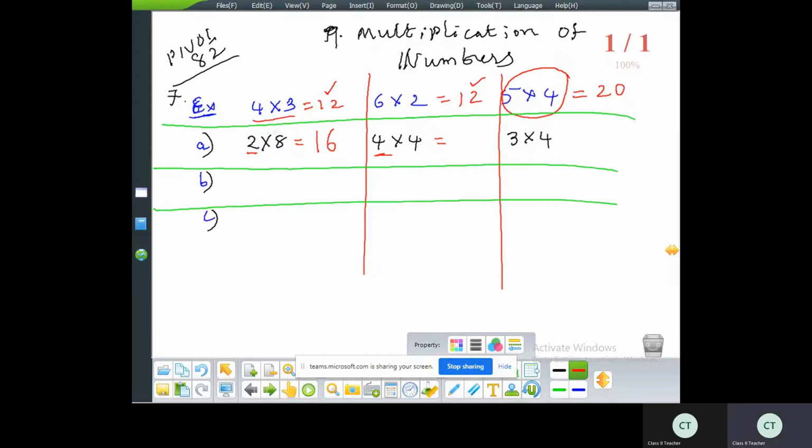Now 4 table, 4 ones are 4, 4 twos are 8, 4 threes are 12, 4 fours are 16. Now 3 into 4, 3 times of 4, 3 is multiplied by 4. Now read 3 table, 3 ones are 3, 3 twos are 6, 3 threes are 9, 3 fours are 12.